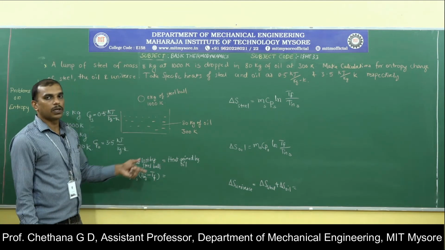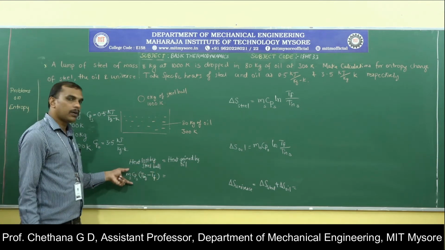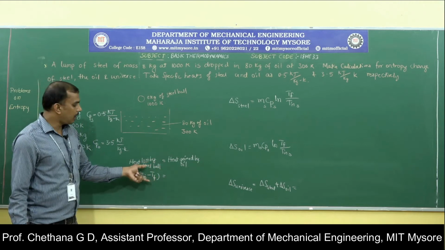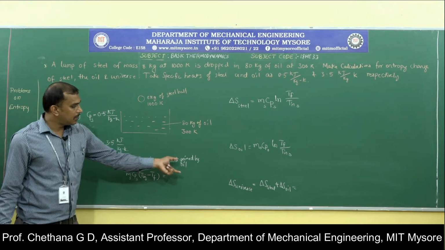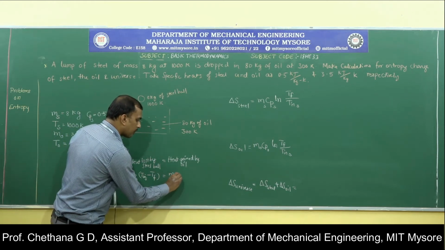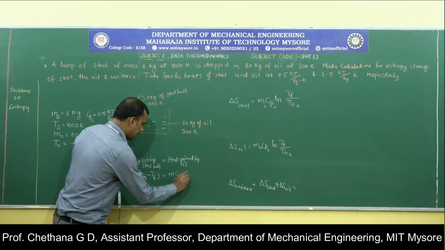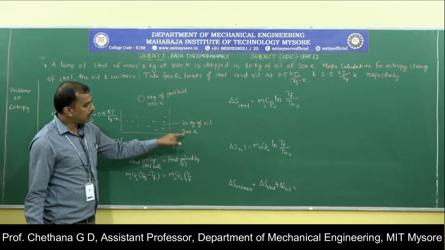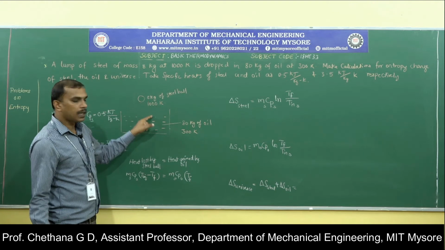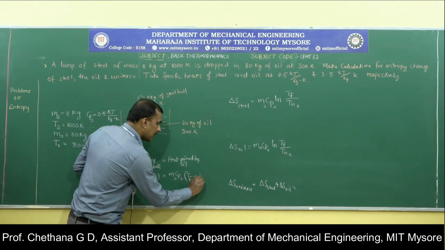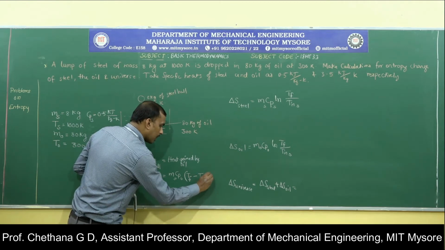If at all you are equating, remember, it cannot be that one side is positive and the other side is negative, you will get the wrong answer. So I am trying to keep this positive. Similarly, on the other side also we will keep it positive. Mass of oil, Cp of oil, then the final temperature will be higher for this. Initially it is at lower temperature. After interacting with this, it will rise in temperature, minus T initial of oil.